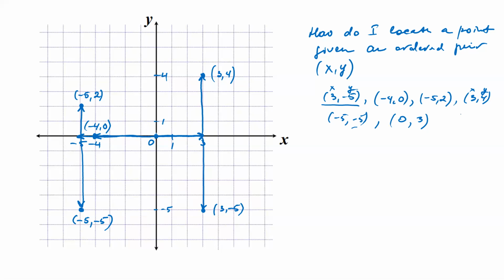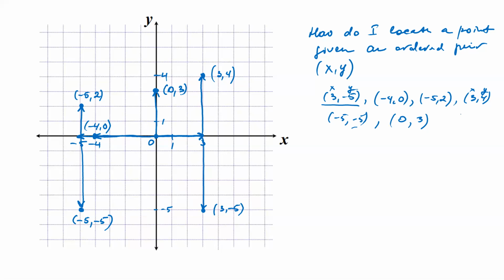And 3 means that I have to go 3 units up. And what do I see? It's a point on the y-axis. Well, it should be because its x-coordinate is equal to 0. And that's how I locate points given an ordered pair.